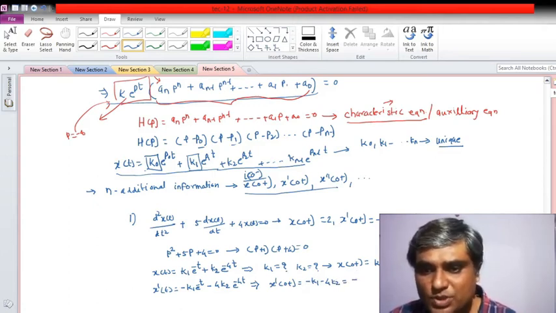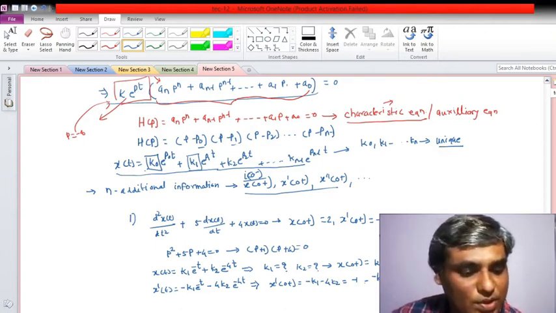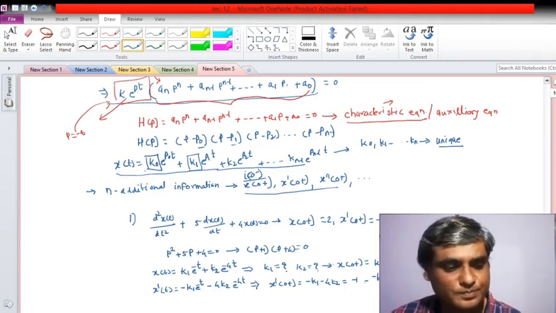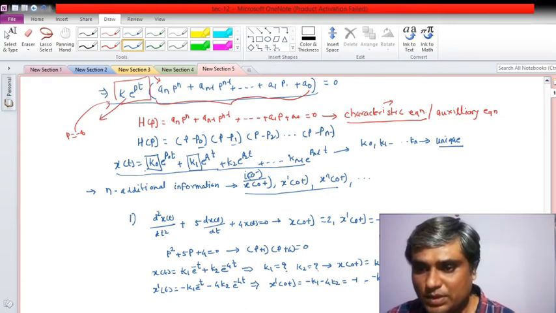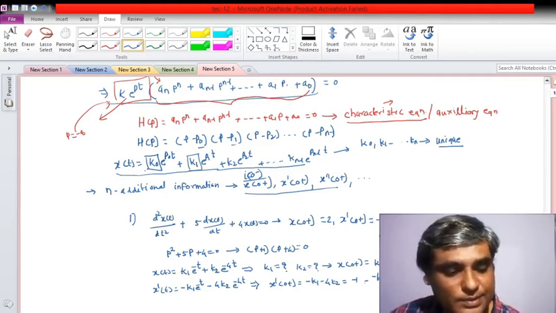x'(0+) will be minus k1 minus 4k2, which is minus 1. So you have now two equations. One is this, and the second equation is minus k1 minus 4k2, which was minus 1. I have already computed: the value of k1 will be 7 by 3 and the value of k2 will be minus 1 by 3.